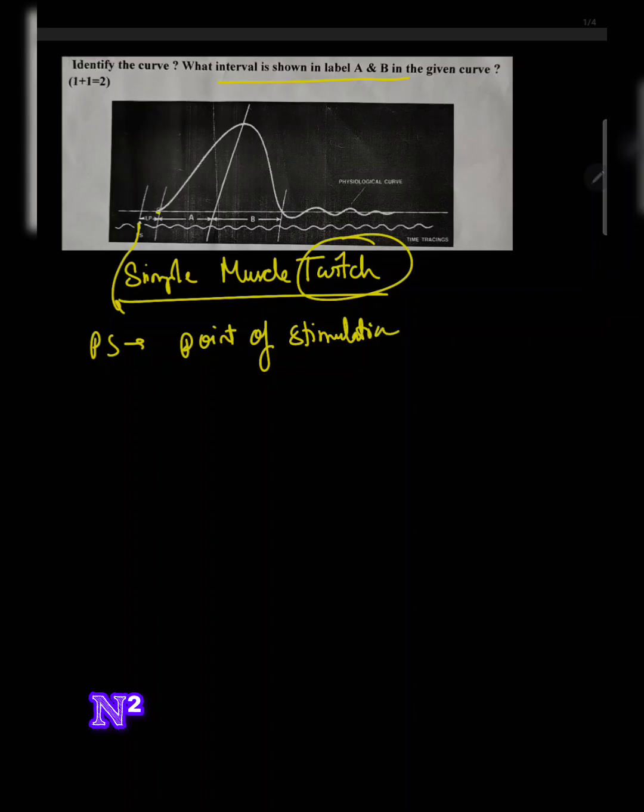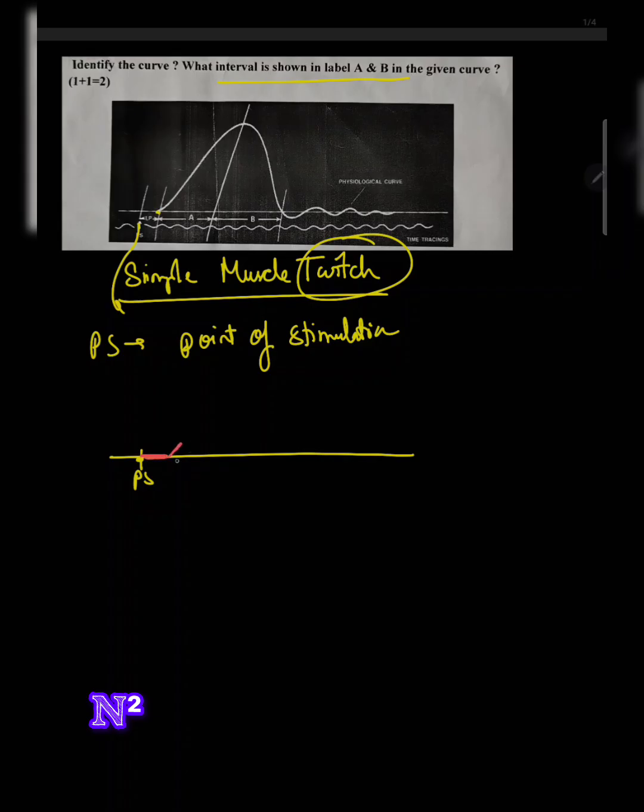Then from PS we get another interval which is called LP. If this is the curve, this is the point of stimulation at which the response is generated due to the electrical shock, and it takes some momentary time to show the response on the curve.